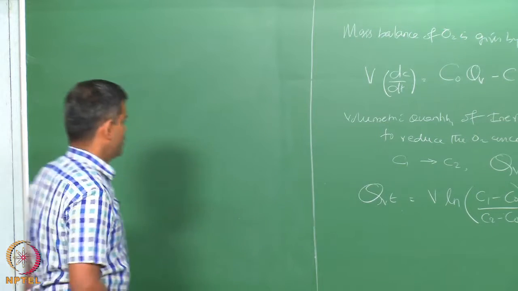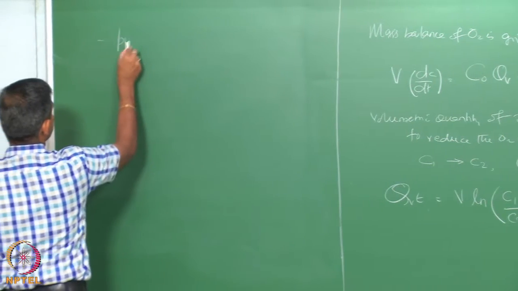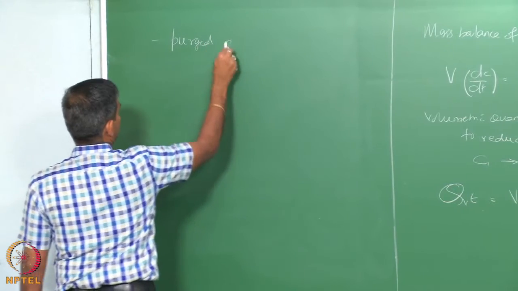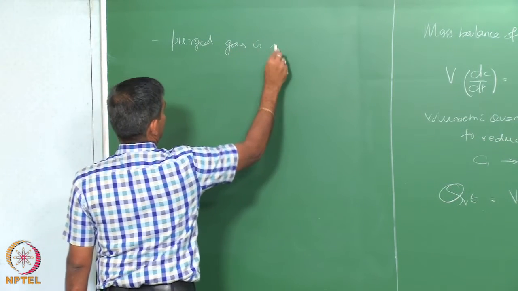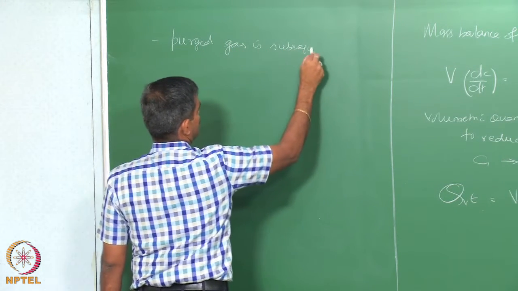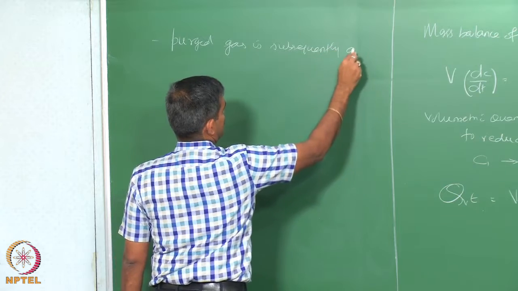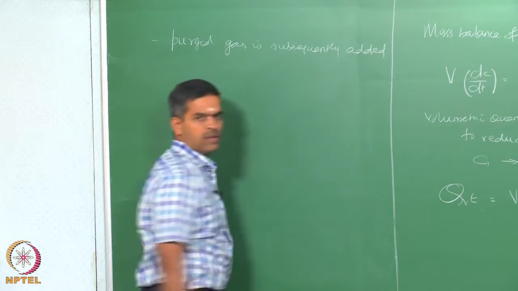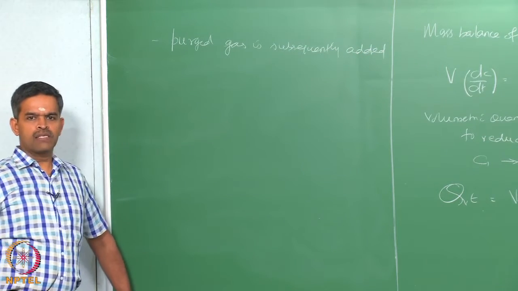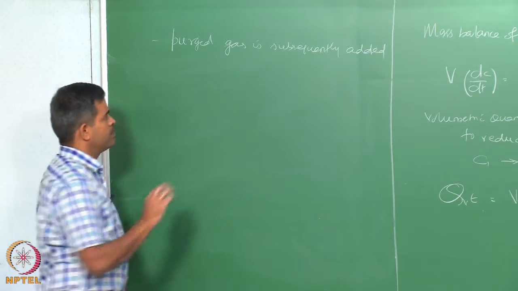Purge gas is subsequently added to the vapor space as liquid is drained off from the vessel.